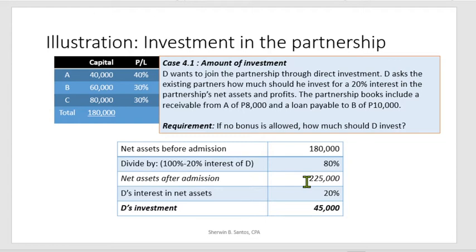Then, you multiply with this interest in the net assets is 20%. Pwedeng 225 minus 180 or pwedeng i-multiply mo lang din. So, this investment should be 45,000. If no bonus is allowed, how much should D invest? The answer is 45,000.